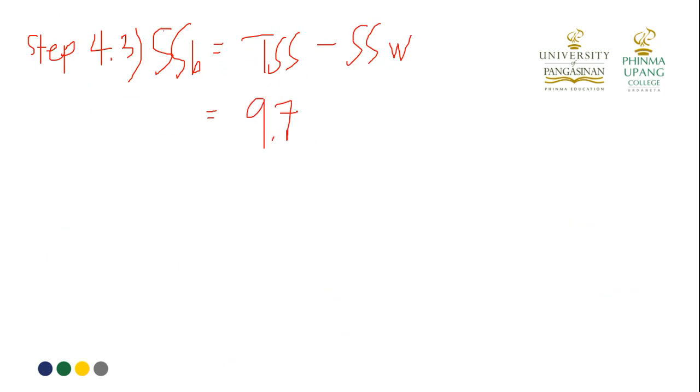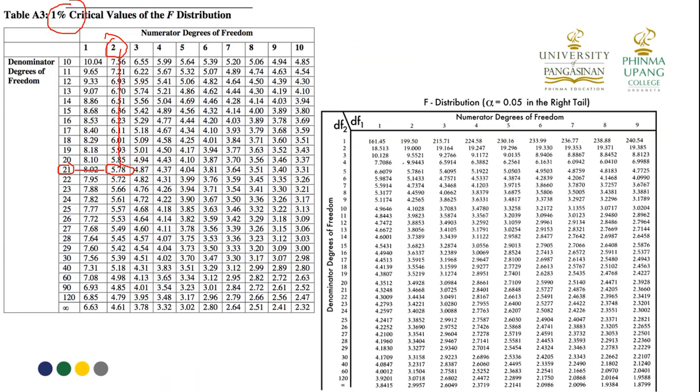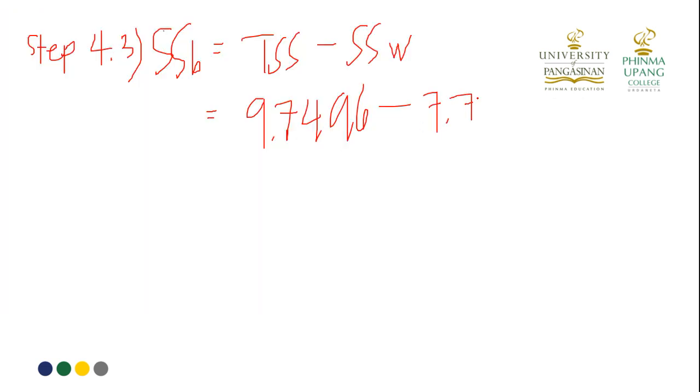So, 9.7496 minus SSW natin, nakuha na natin, ito yon 7.7864. So, ilan po yung sagot? 1.9632. 1.9632 po, sir.